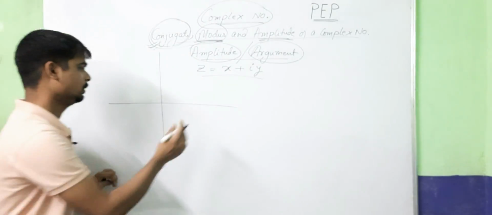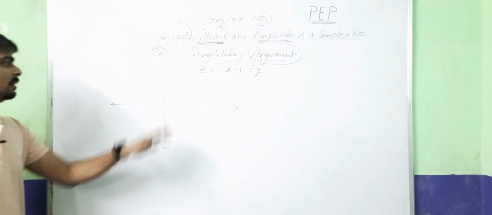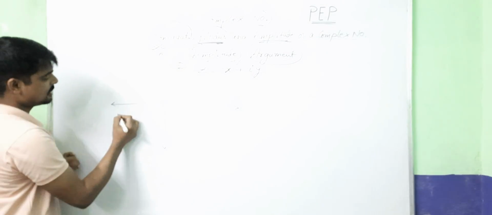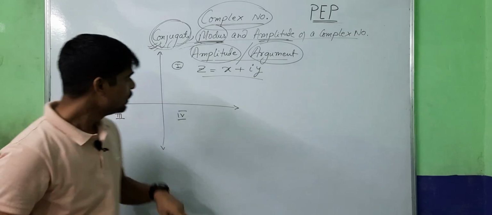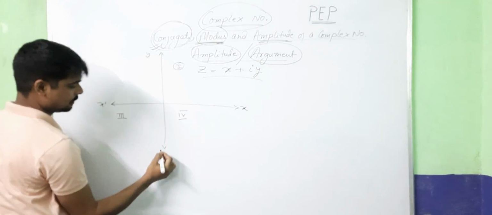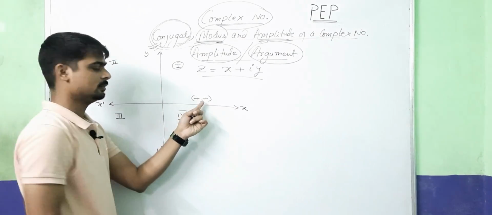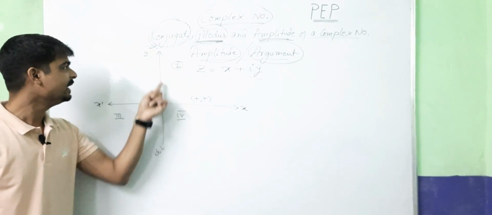How to calculate amplitude? You know there are 4 quadrants. If you draw a graph, you will get 4 quadrants. This is the first quadrant, as you know. This is the second one. This is the third one, and this is the fourth one. This first quadrant is positive comma positive: x is positive over here and y is also positive over here.